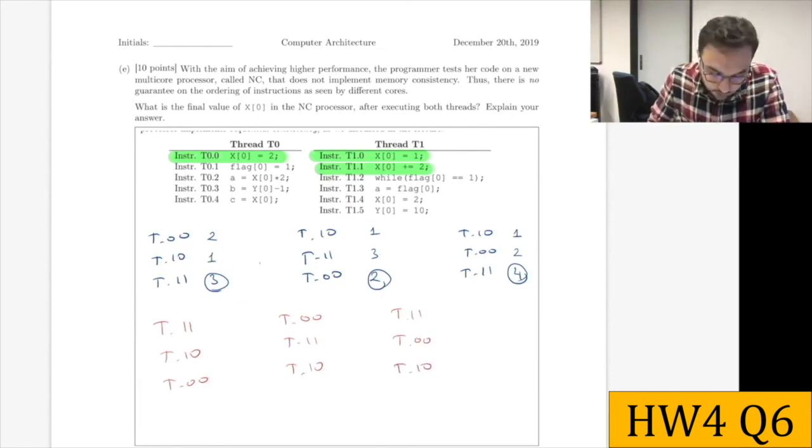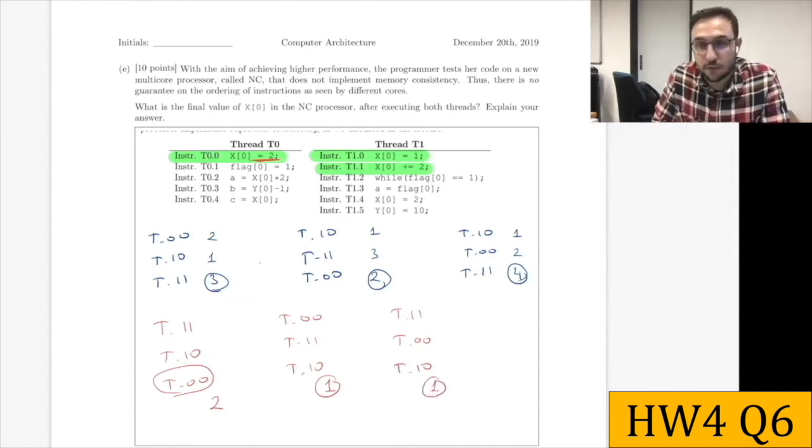The first sequence ends with T00, which makes x0 equal to 2. So this result is 2. And here it ends with T10, meaning that x0 can get the value of 1. And this ends with T10, meaning that it can get the value of 1 at the end. Therefore, all possible values that x0 can get in this question are 1, 2, 3, and 4.